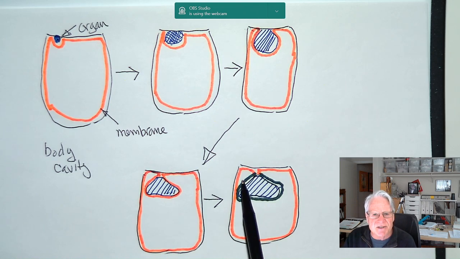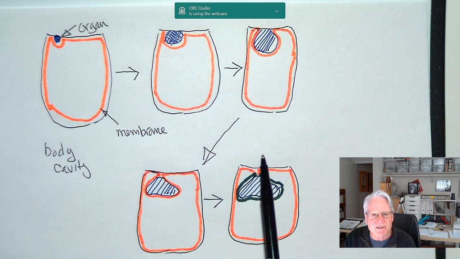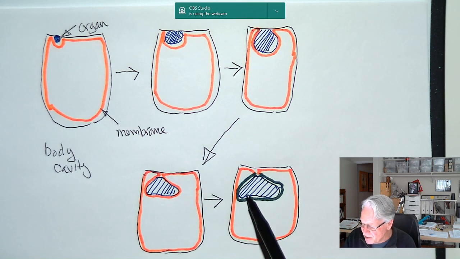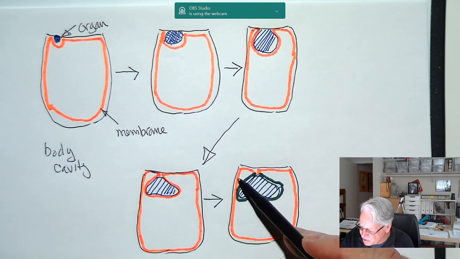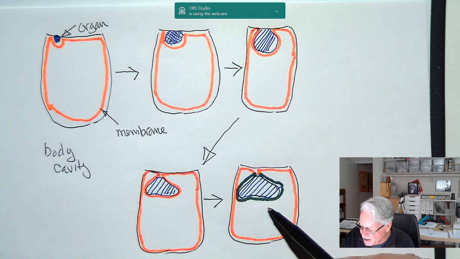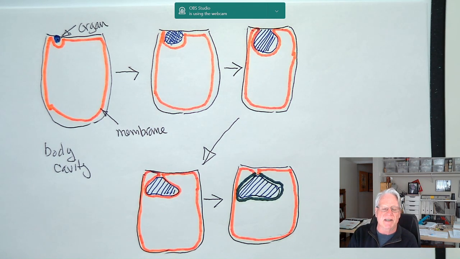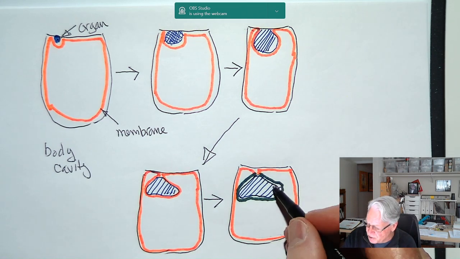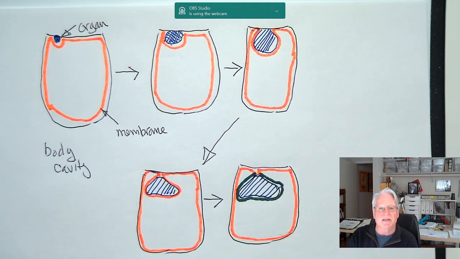This was part of the wall here, but now because the organ is pushed out, it's sitting around the organ. We still have part of the membrane. It's one continuous membrane that surrounds the cavity or lines the cavity, but there's two parts to it now. One that surrounds the organ and one that surrounds the wall of the cavity.